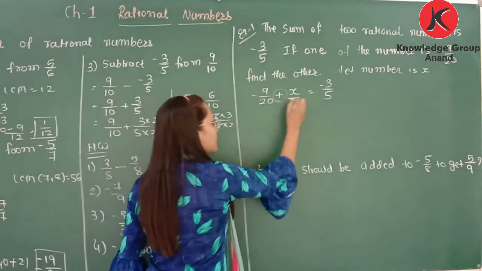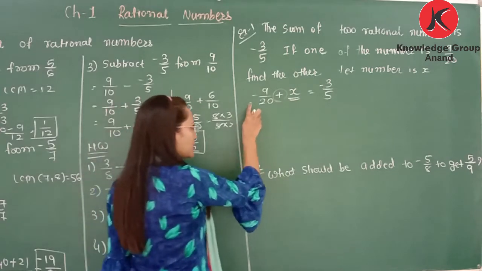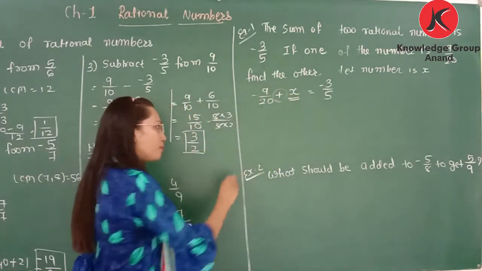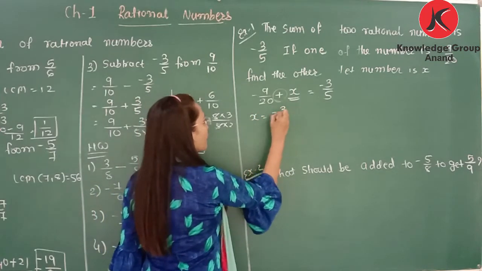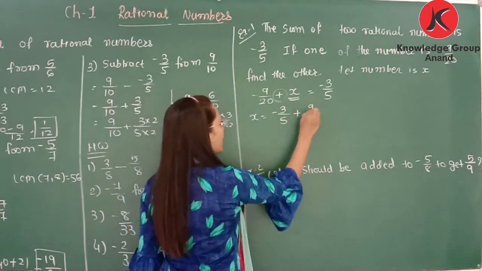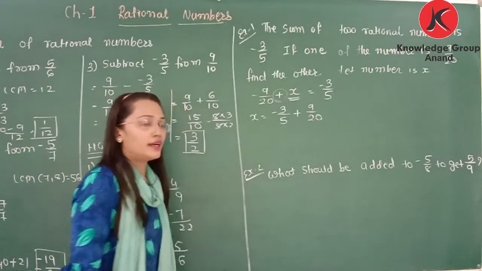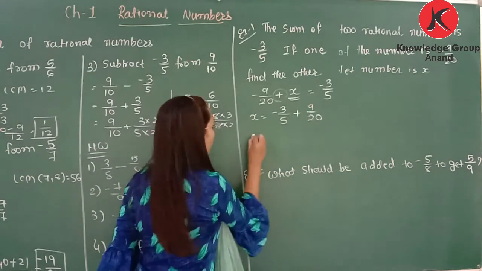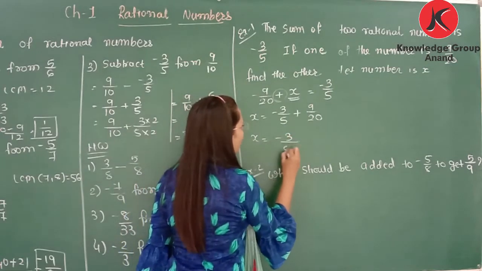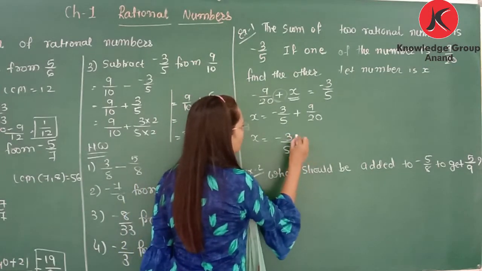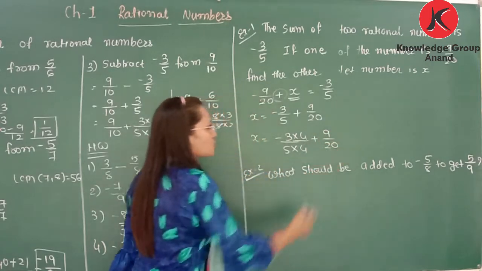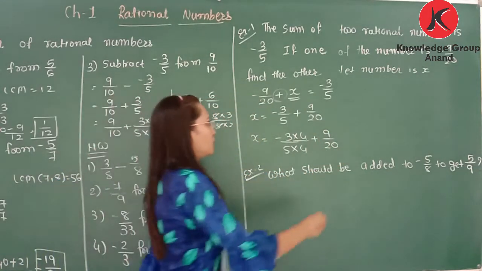Now here we need to find the unknown x. So take minus 9 by 20 from the left hand side to the right hand side. So it becomes plus, minus 3 by 5 plus 9 by 20. Now the LCM of 5 and 20 is 20. So here minus 3 by 5 is multiplied by 4 in the numerator and denominator, and 9 by 20 stays as it is because the denominator is 20.